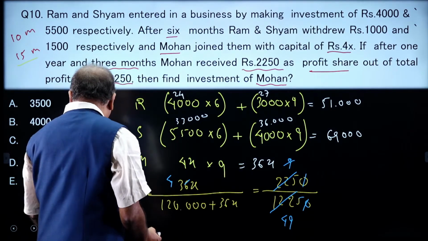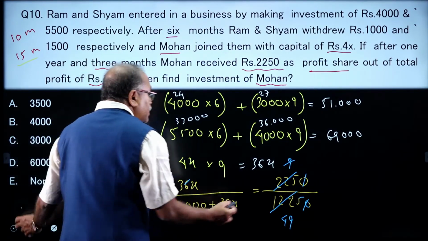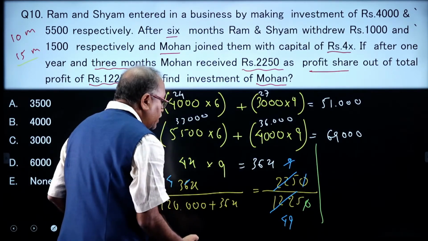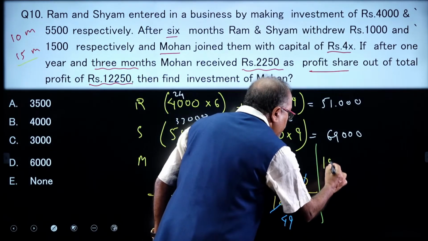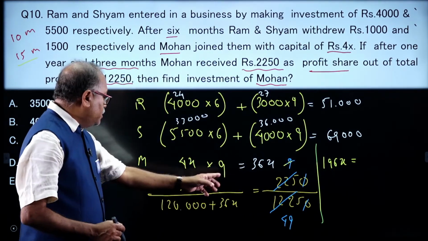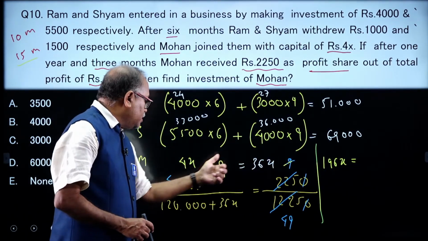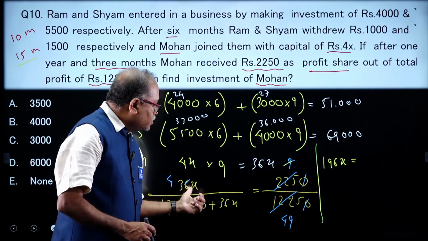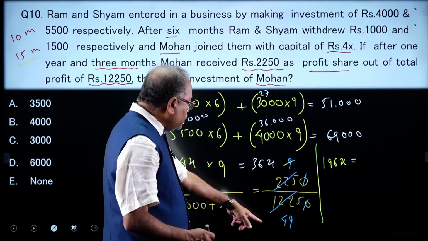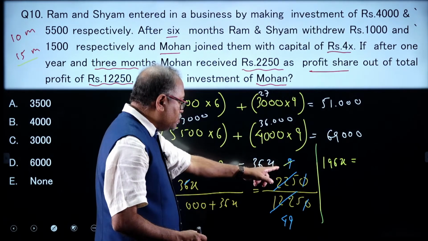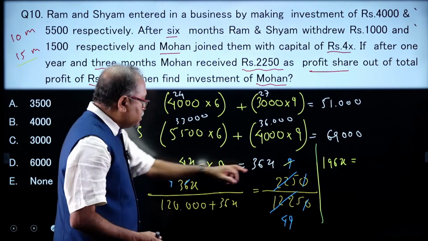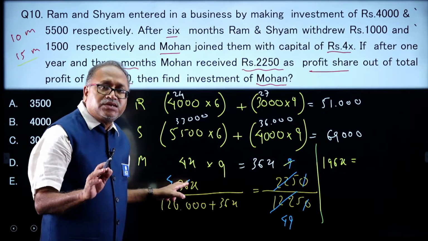So your final calculation goes in this way. 196x is equal to, and we have already cancelled this one with 9. Did we cancel anything by 9? No. So yes, with 9 we cancel this 36 4 times.